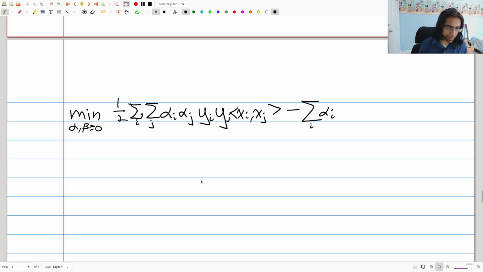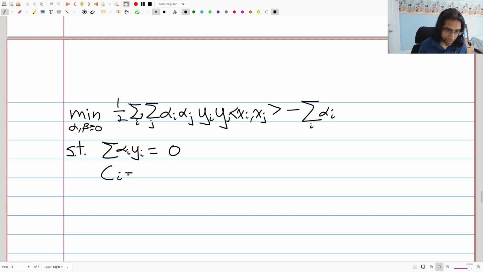So these are the constraints that we have, such that the summation of alpha i yi is equal to 0, and we also have that C equals alpha i plus beta i, or sorry, not Ci, because it's just one C. And we have this for all i.